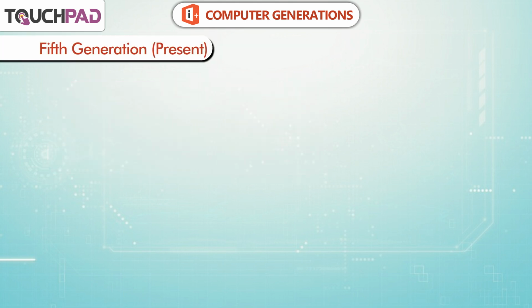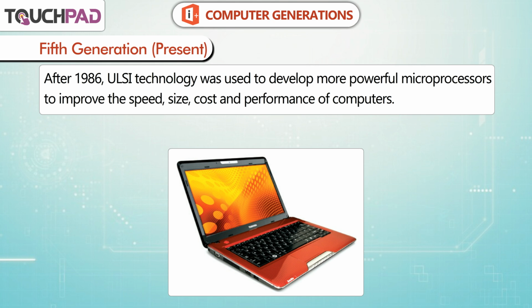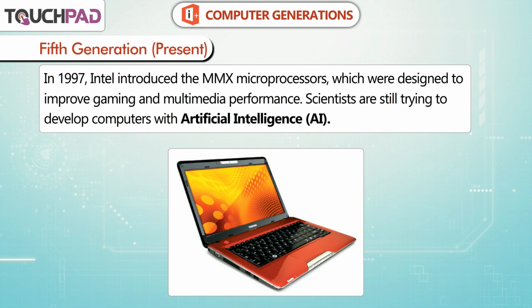Fifth generation, present. After 1986, ULSI technology was used to develop more powerful microprocessors to improve the speed, size, cost and performance of computers. In 1997, Intel introduced the MMX microprocessors, which were designed to improve gaming and multimedia performance.